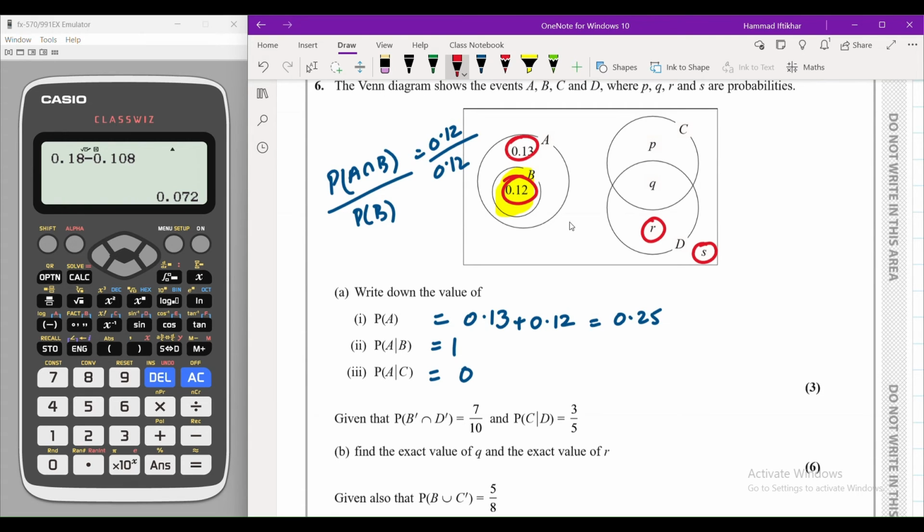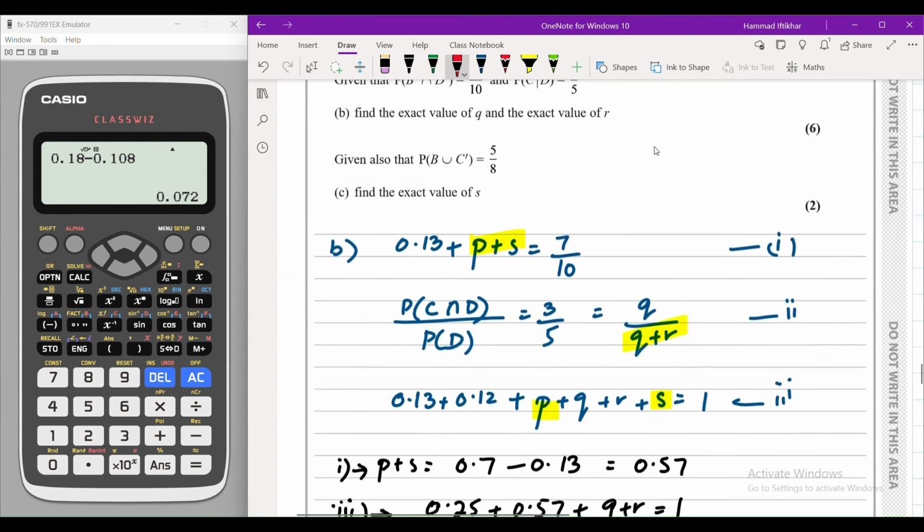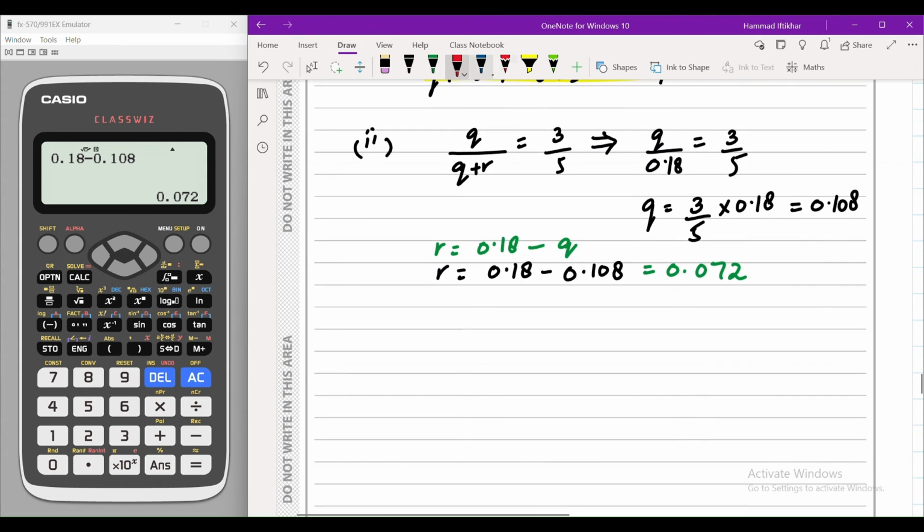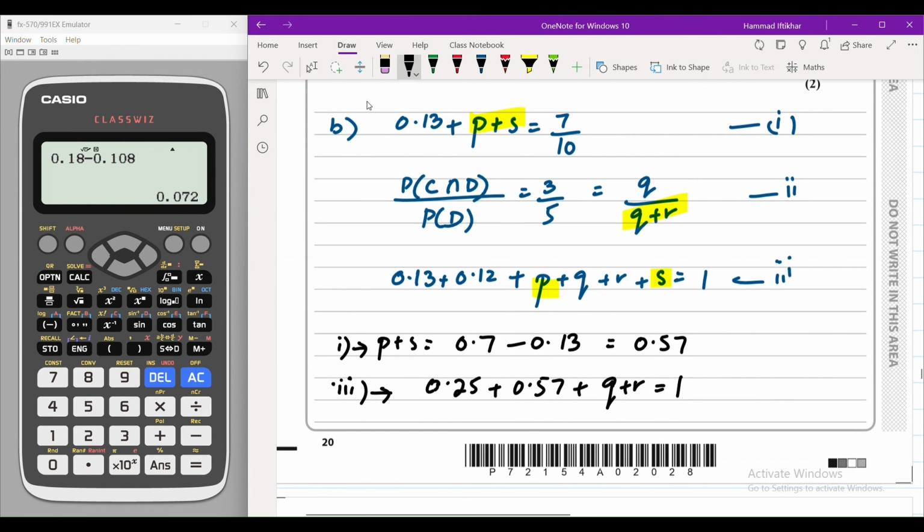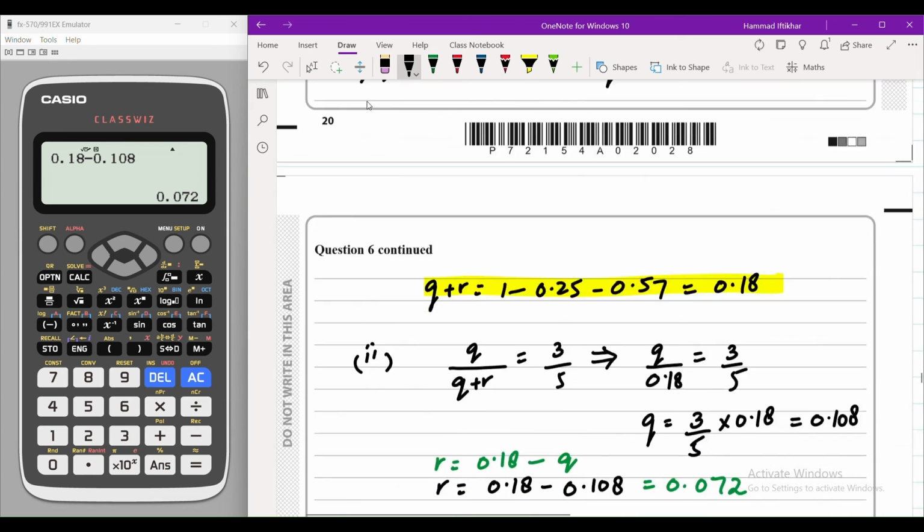So basically all of these put together except P and Q. So 0.25 plus R plus S equals, what did this say? 5 over 8.